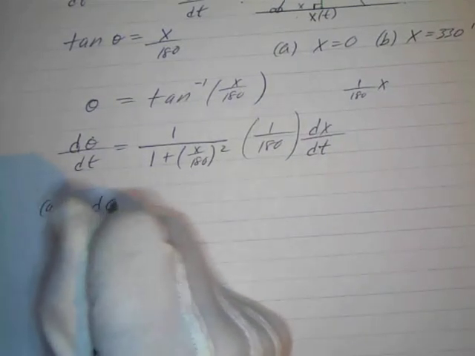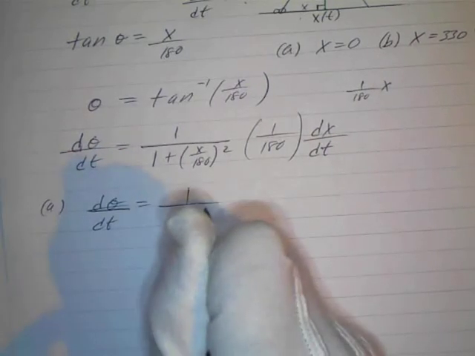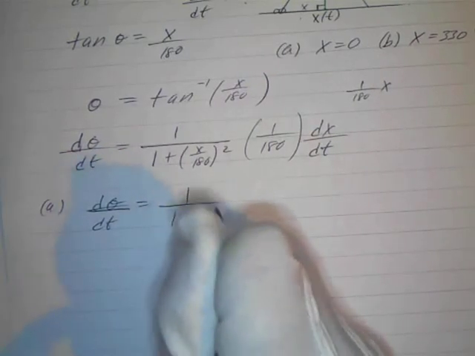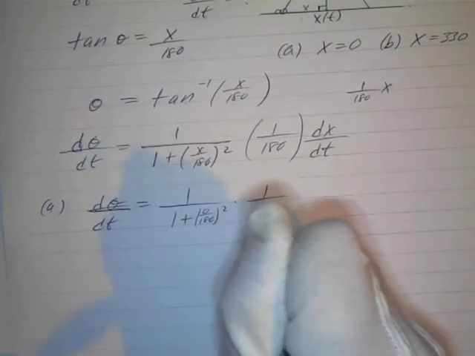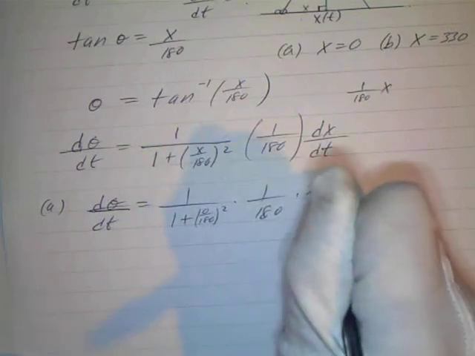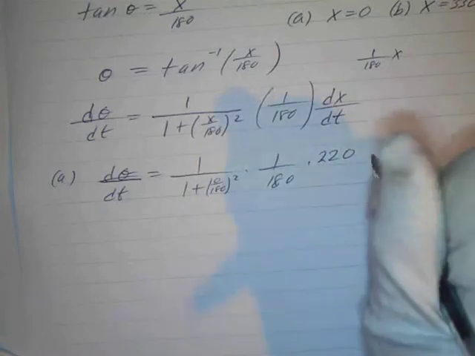So dθ/dt will equal 1 over 1 plus 0 over 180 squared, times 1 over 180. And my dx/dt was 220, so times 220. And this is all going to be in radians per second.